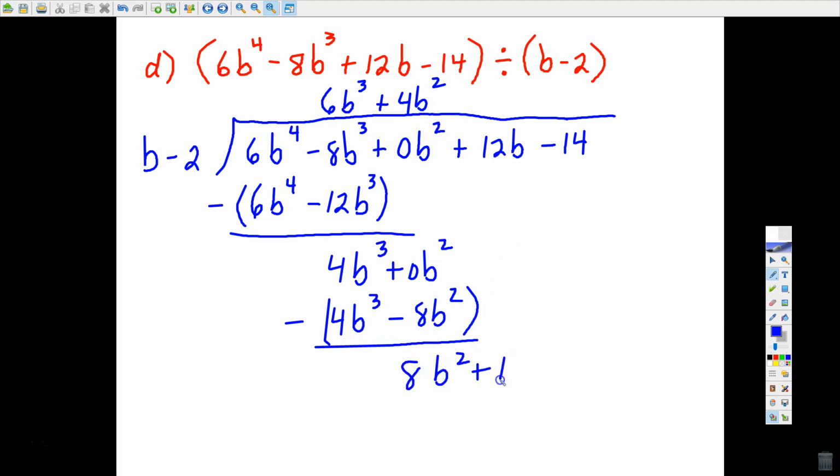Bring down the next term, and now we're dividing b into 8b squared. So once again, if you have to do this, just do 8b squared over b and simplify, and you should see that that's 8b to the first.